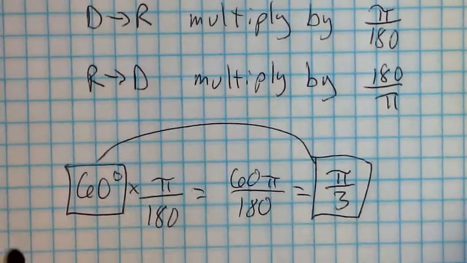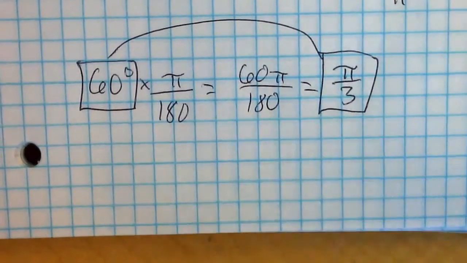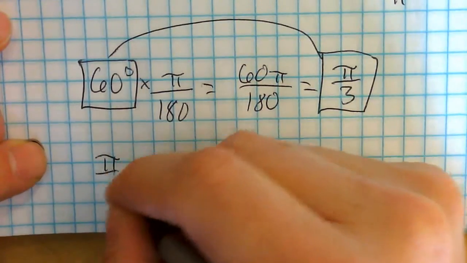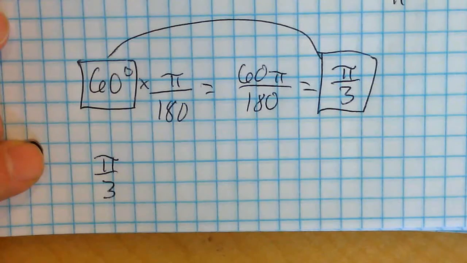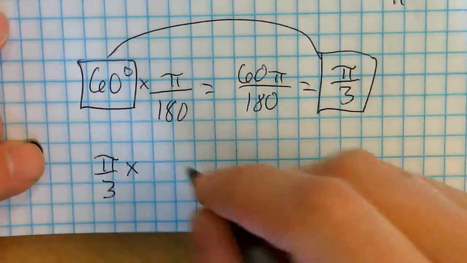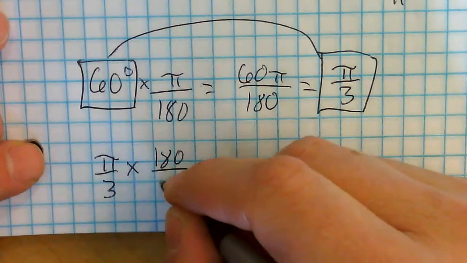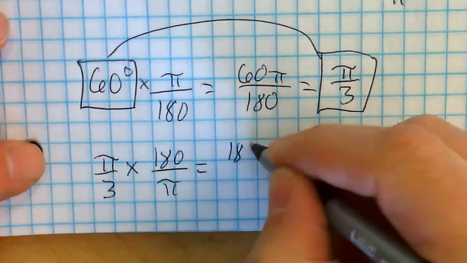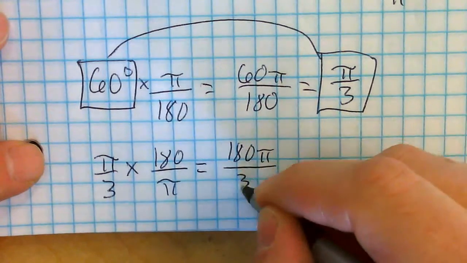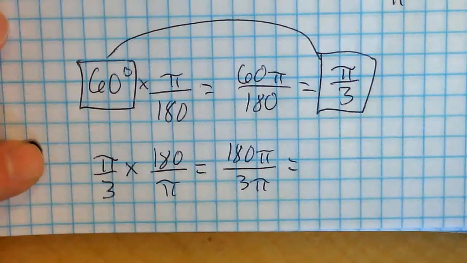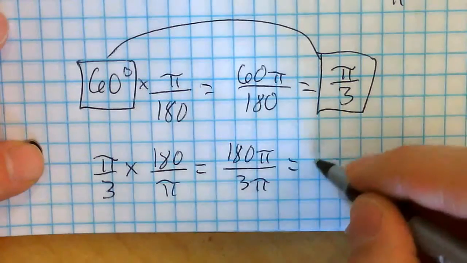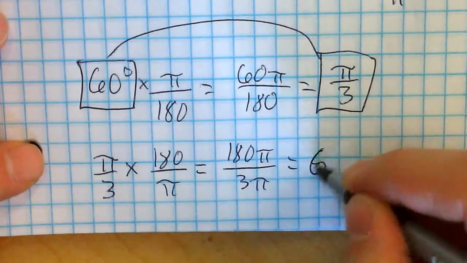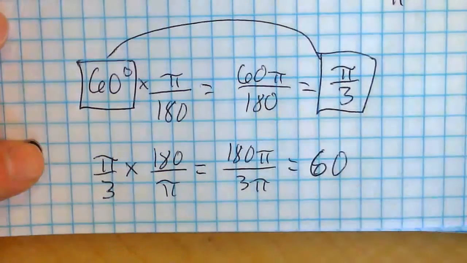Let's go back the other way just to prove that this works. Let's say that I had pi thirds radians. By my chart, I just multiply by 180 over pi. When I do that, I get 180 pi over 3 pi. 180 over 3 reduces down to 60, and pi over pi cancels.